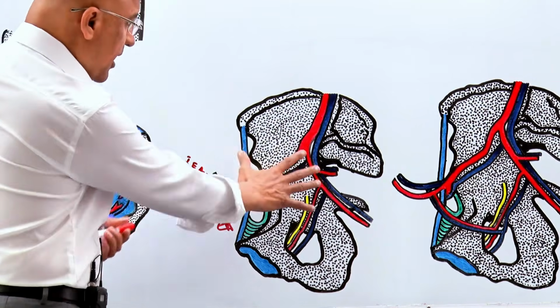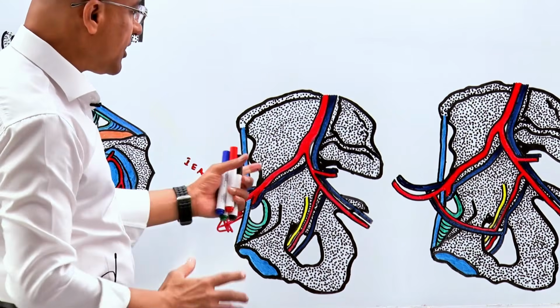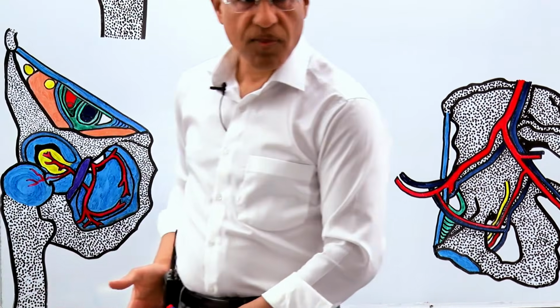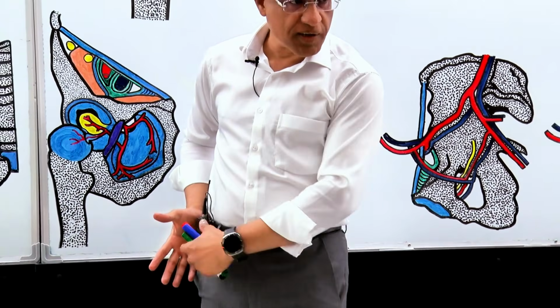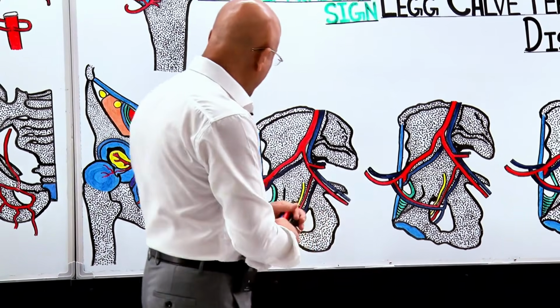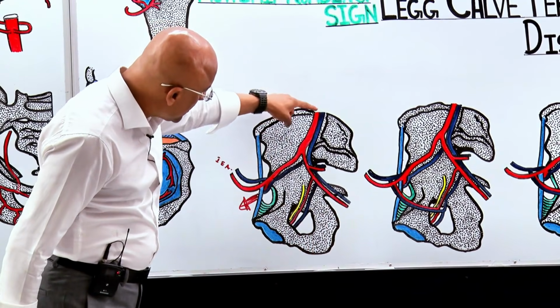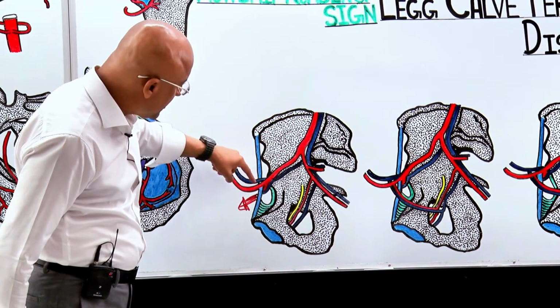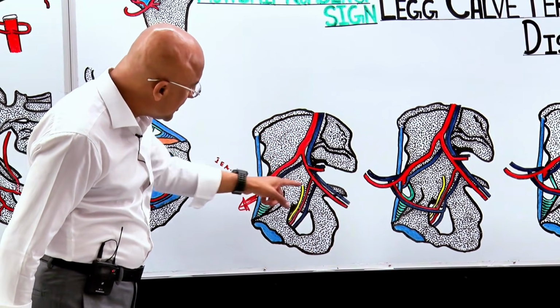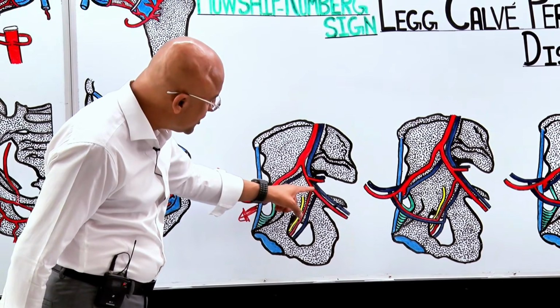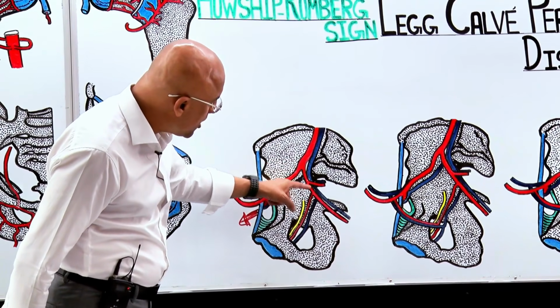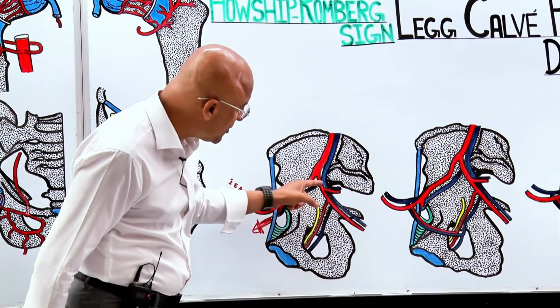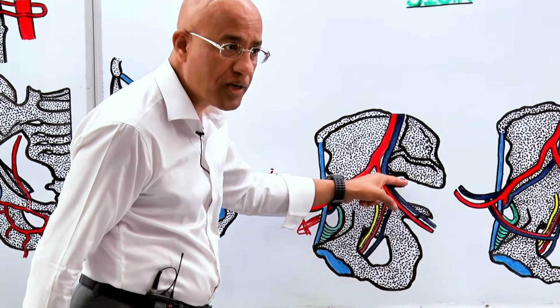Now, in this diagram, this is the right side from pelvic view, right? What we see is common iliac, internal iliac, external iliac, and the obturator artery taking origin only from the anterior division. This is the posterior division of internal iliac.